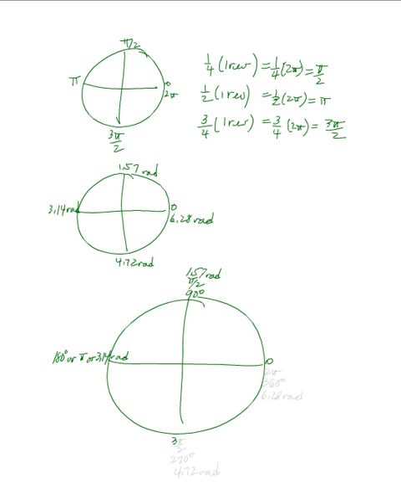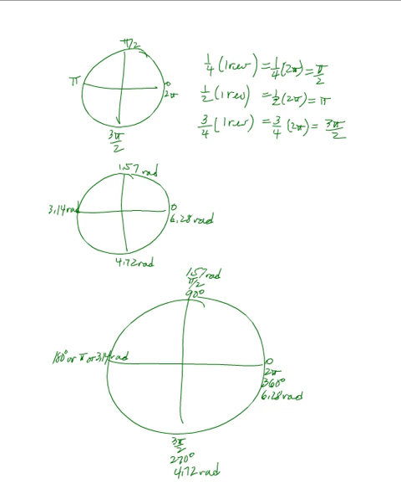Over here, 3 pi over 2 radians, 270 degrees, 4.72 radians. And finally over here, 2 pi, 360 degrees, 6.28 radians. So you need to keep these in mind as we go through the examples, because that's what's going to help you keep your bearings as you're going around.